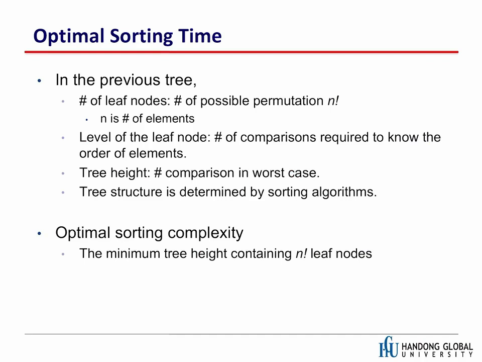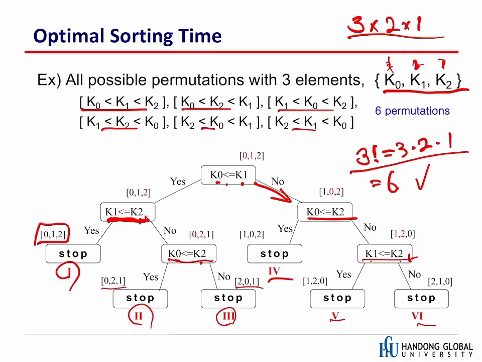So the number of leaf nodes is the number of possible permutations, which is n factorial. And the level of the leaf node is the number of comparisons required to know the order of elements. So the number of comparisons to get this permutation is actually the height of this tree.